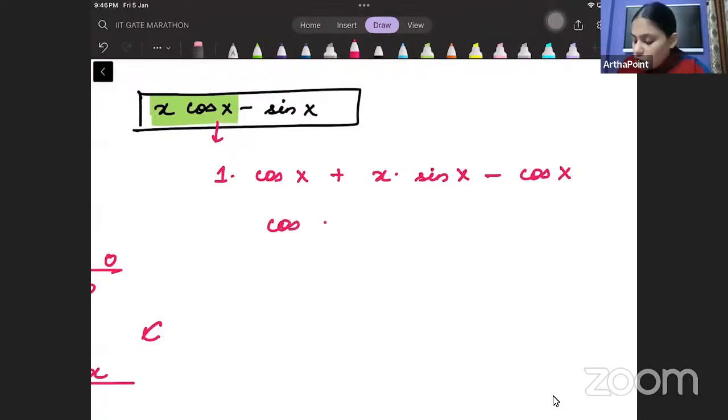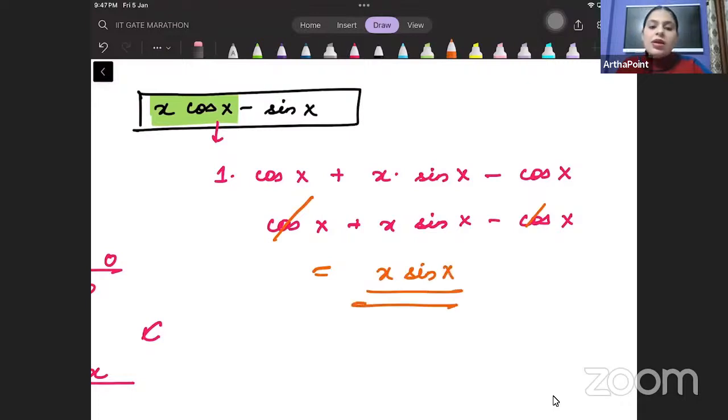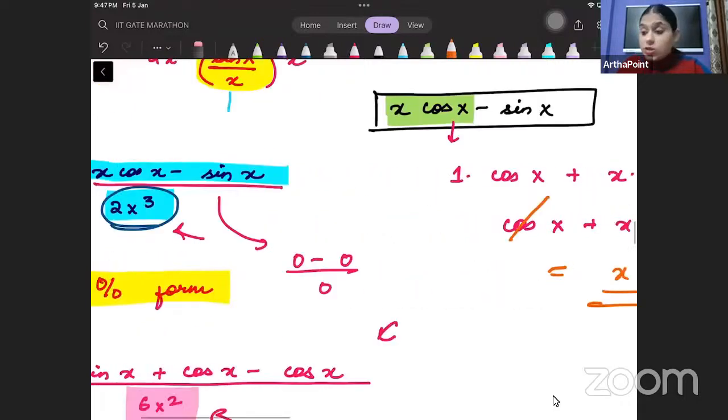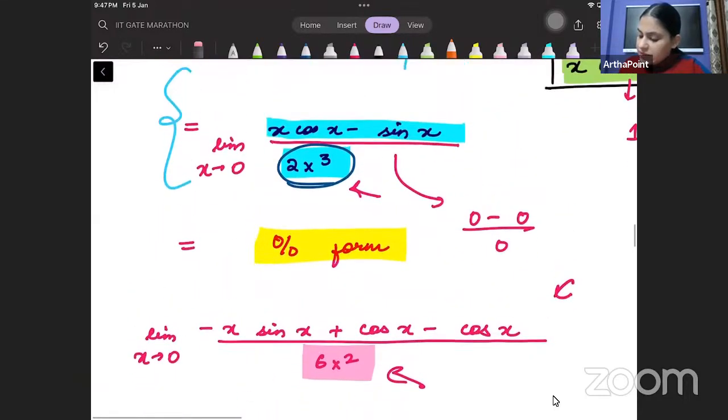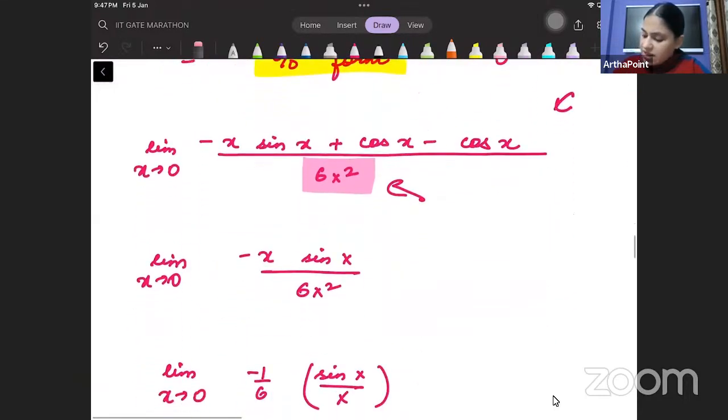So I will get cos x plus x sine x minus cos x. And when I solve this, I will get x sine x. So the differentiation of the numerator has given me x sin x.